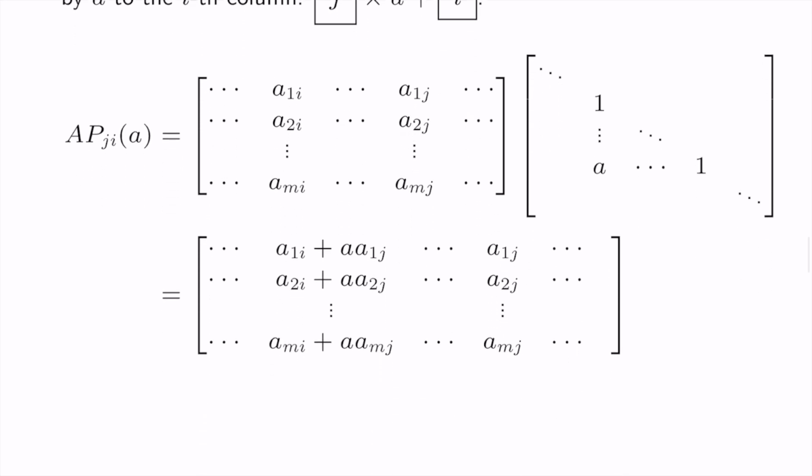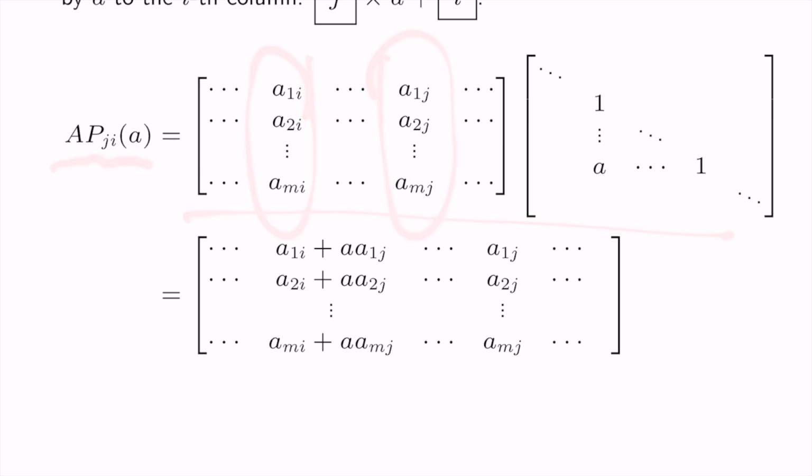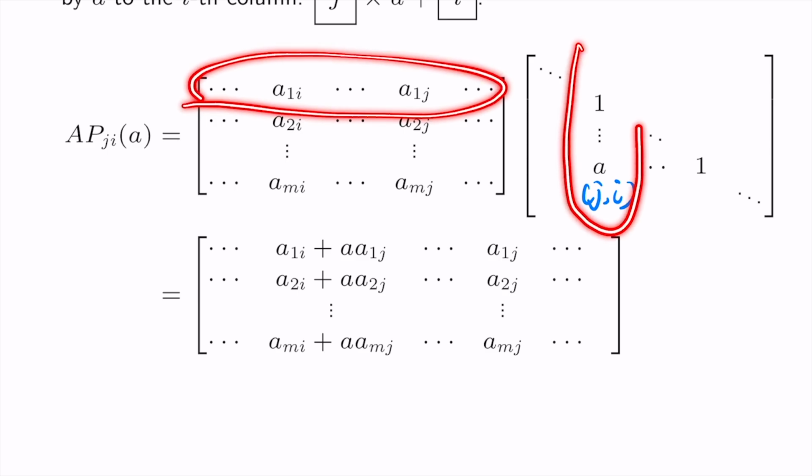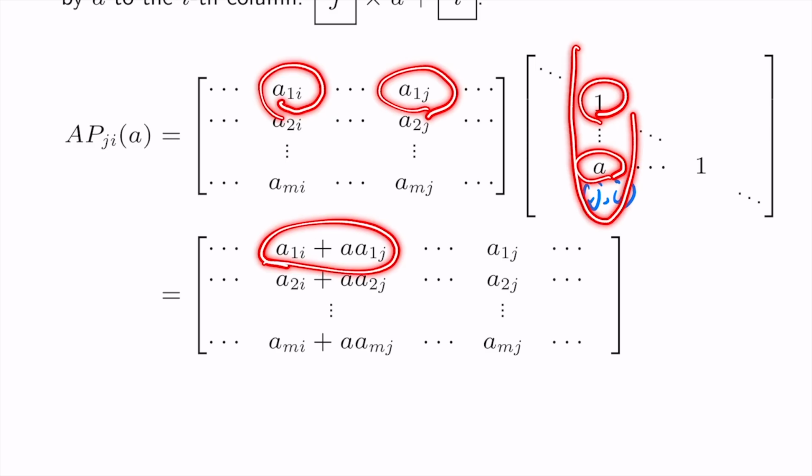So let's see this. So A times Pji of A is this. This is the ith column, the jth column, and this is the ji element rather than the ij element. So if we multiply this row with this ith column, then A1i times 1, A1j times A, we get this. Everything else in this column is 0.